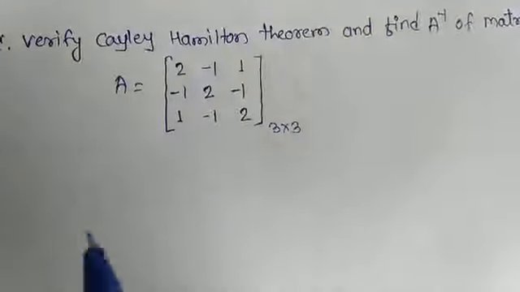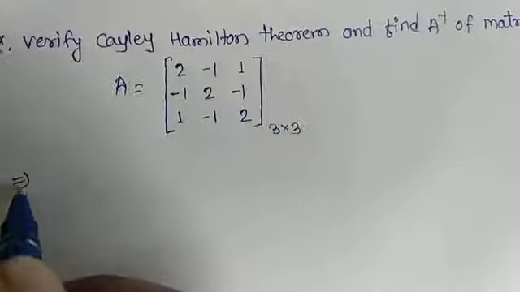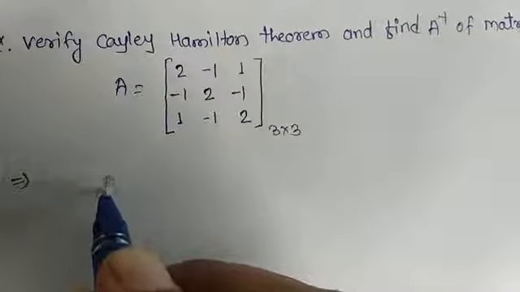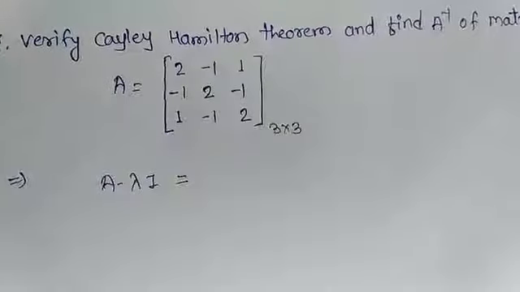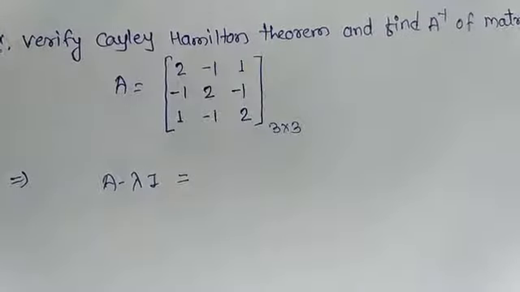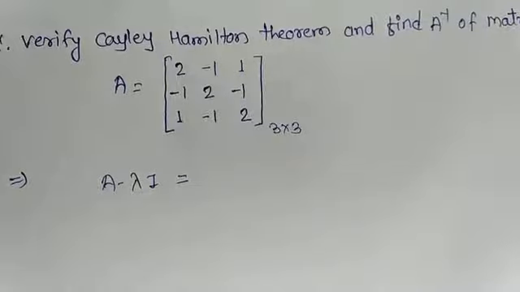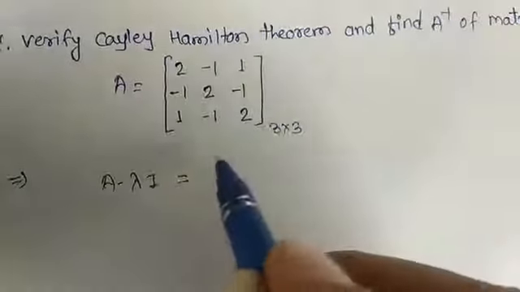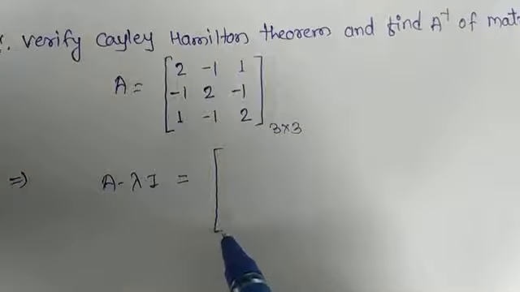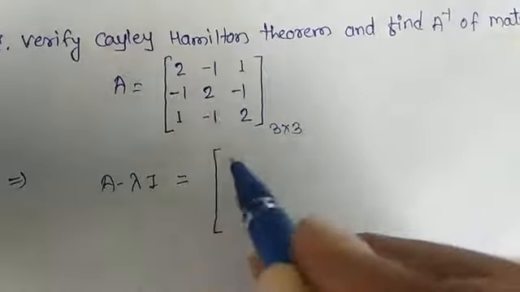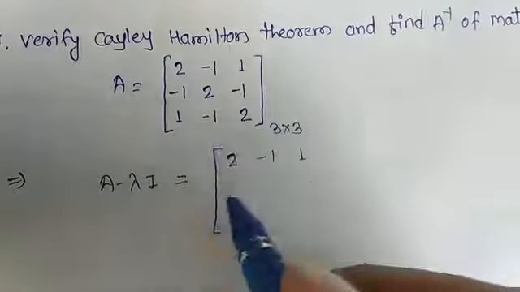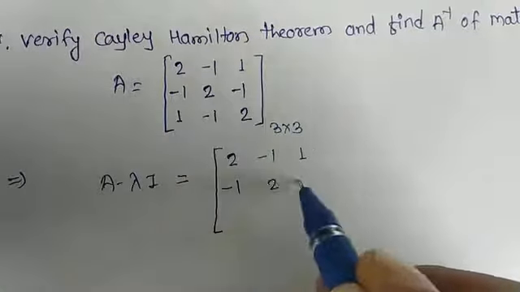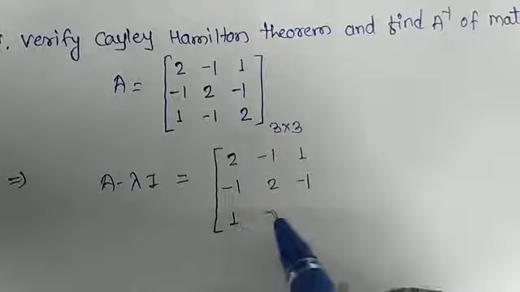To find the characteristic equation of matrix A, we need to find A minus lambda I, because the definition of the characteristic equation is determinant of A minus lambda I equal to 0. Here A is the matrix 2, minus 1, 1; minus 1, 2, minus 1; 1, minus 1, 2.